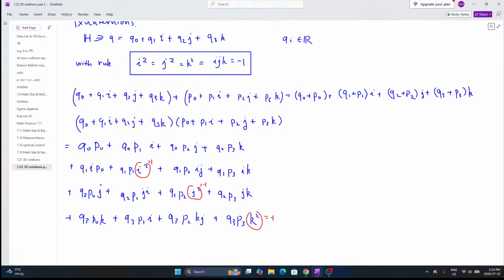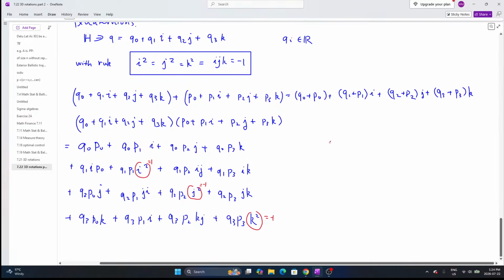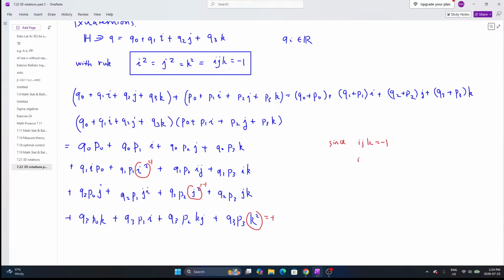So what is ij? Well, from the last rule, ijk equals -1. Put it that way. Since ijk is -1, if we multiply by k, you get i j k squared, which is -k. And therefore, since k squared is -1, you get minus ij equals -k.